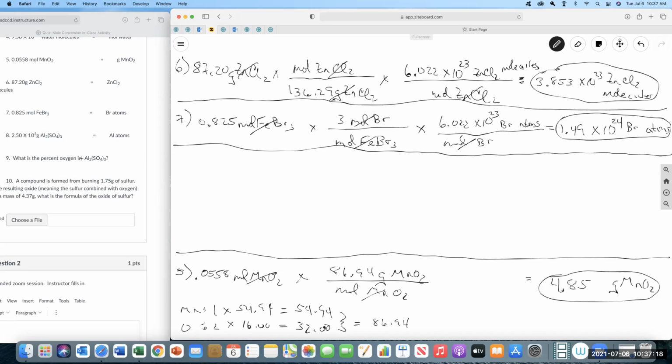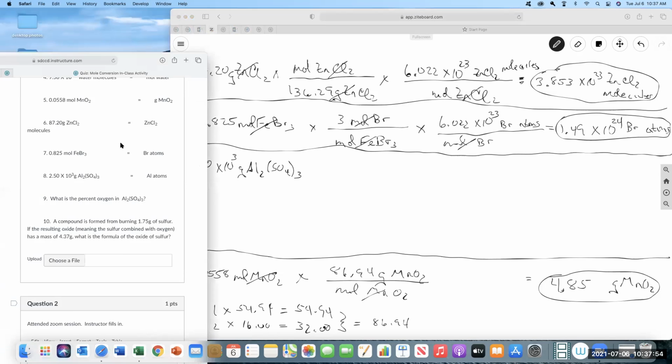Okay, now number 8, we have 2.50 times 10 to the 3rd grams of Al2(SO4)3, and we want to get to aluminum atoms.